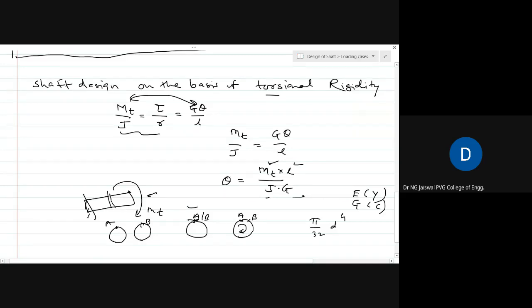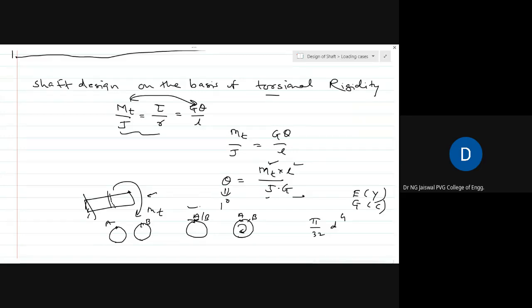Now if the question is that the shaft is subjected to torsional moment Mt, design the shaft in such a way that the angular twist should not be more than, say, 1 degree, then your criterion is not strength. You are not talking here about induced stress being less than permissible.